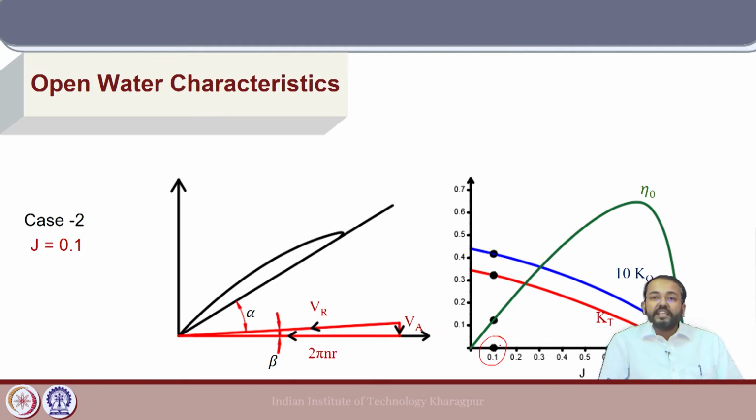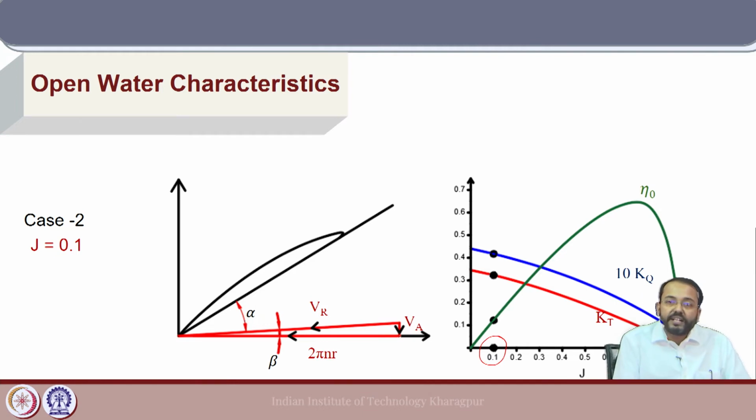Again, as I mentioned, you can increase J in two ways. We do it here by increasing the velocity, keeping the rotational speed n the same. So, we give a small forward velocity Va so that J increases to 0.1.